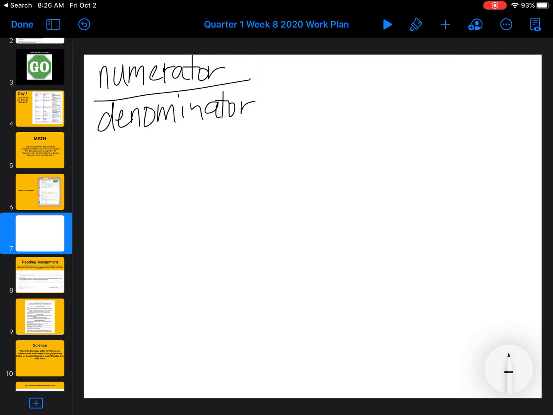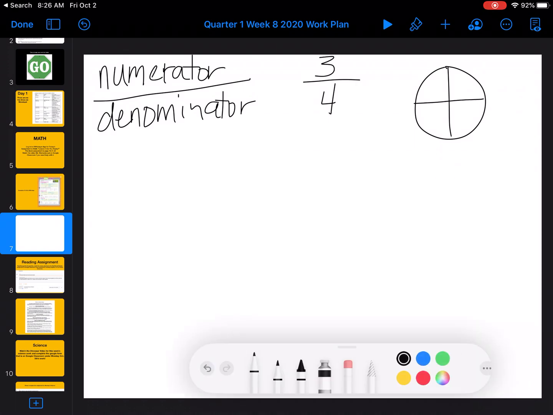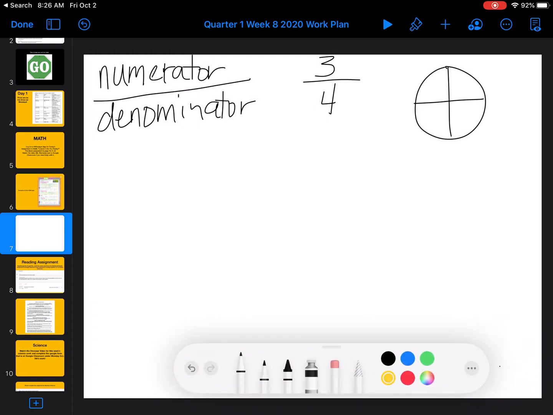For example, if I have 4 in the denominator, that means my whole number is split into 4 pieces. If I have 3 on the top, then the shaded amount would be 3.